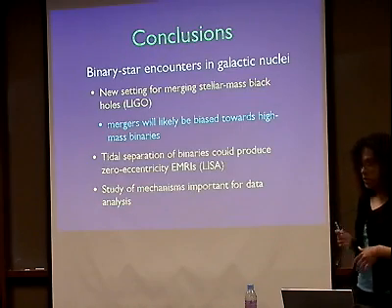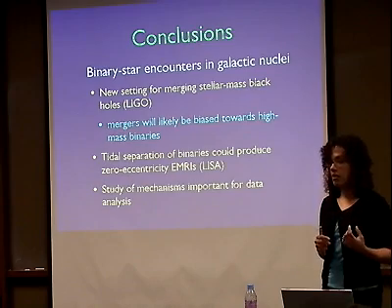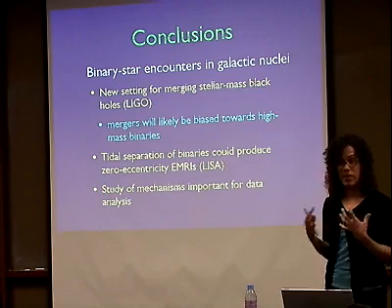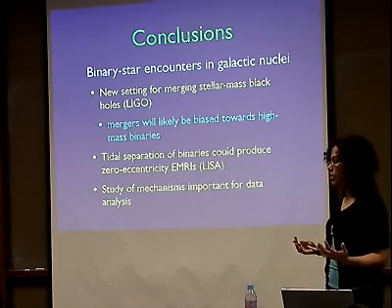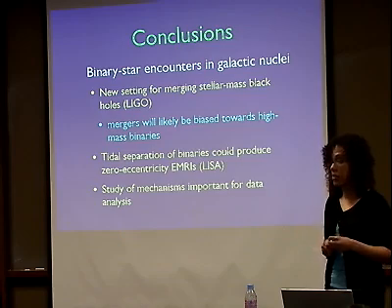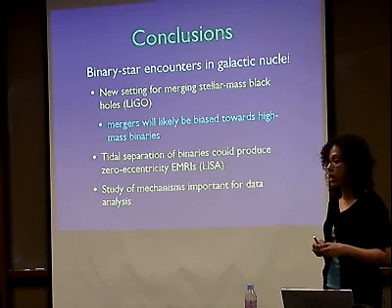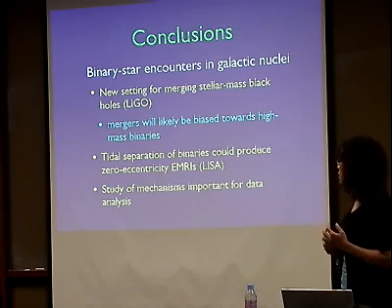So in conclusion, this one physical scenario of having black hole binaries in an environment of a galactic nucleus produces two different types of gravitational radiation sources. In the case of merging stellar mass black holes by repeated dynamical encounters, we're producing LIGO sources near the high mass end of the binaries.